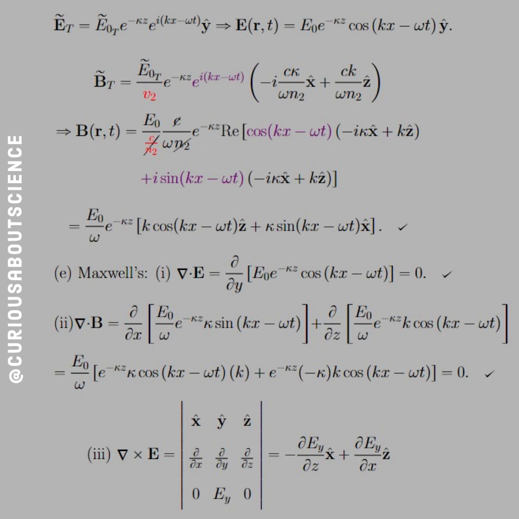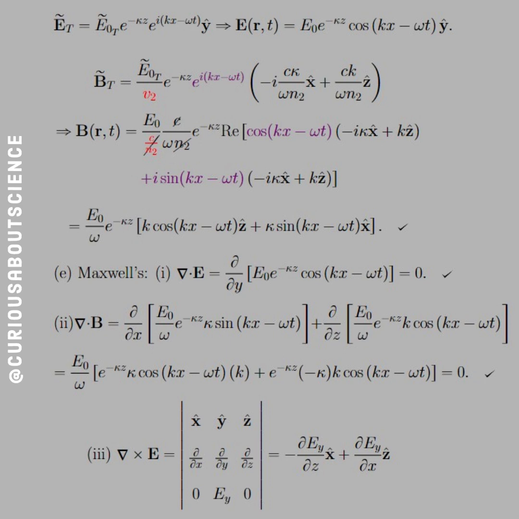So you see purple goes with cosine and the i sine. We can't take the real part yet because we need to distribute that with the parentheses and the i kappa, all that gross stuff. But you see the red substitution for v2, which was c over n2, cancels out with the factor of c that we factored out from the parentheses, and the factor of n2 that we also pulled out from the parentheses above with the x hat, z hat.